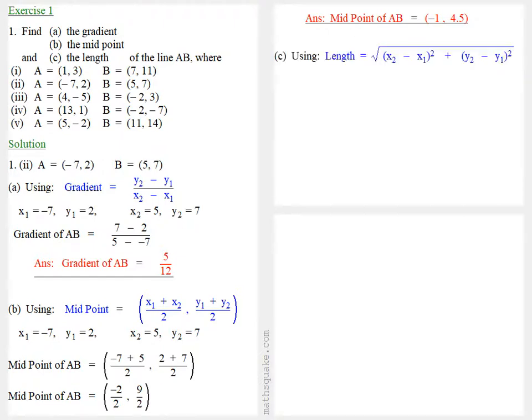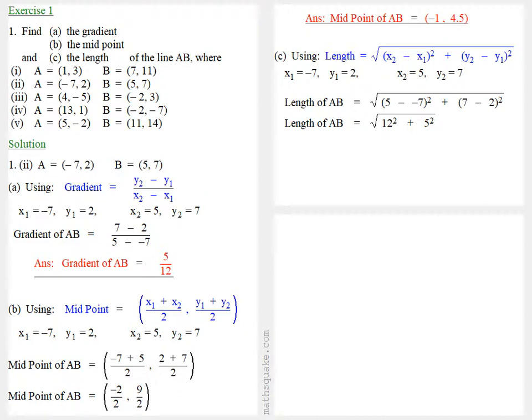And to get the length, using the length formula, we have AB is equal to the square root of 5 take away minus 7 all squared plus 7 minus 2 squared, which is the square root of 12 squared plus 5 squared, or the root of 144 plus 25, which is root 169, so the length of AB is 13.